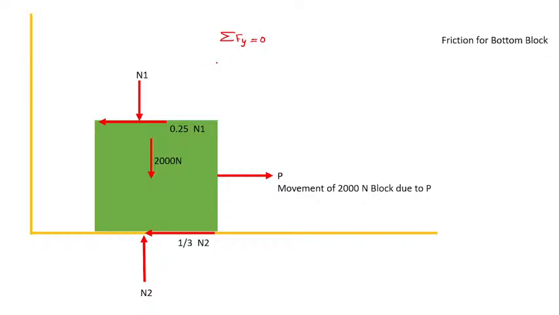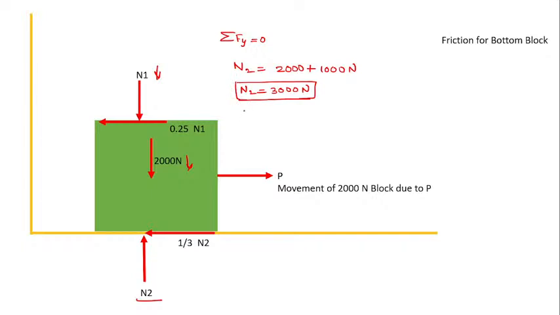Upward forces equal downward forces. Upward force is N2 and downward forces are 2000 newtons and N1. Therefore, N2 equals 2000 plus N1. N1 we know is 1000 Newton, so N2 equals 3000 Newton.